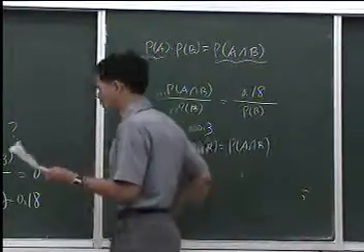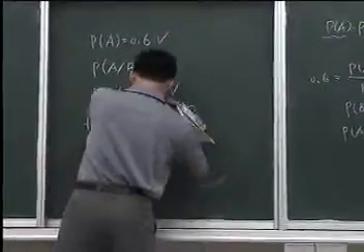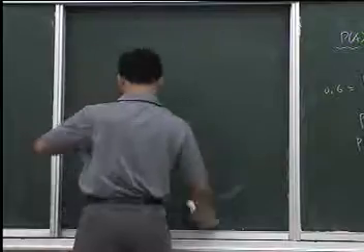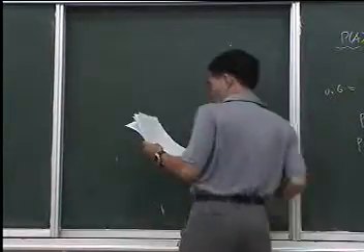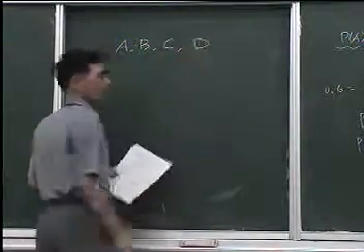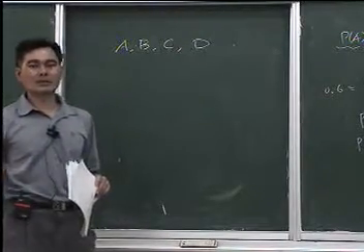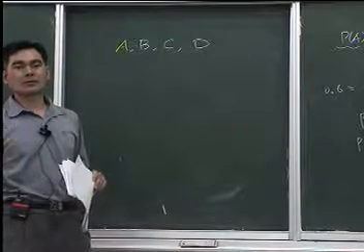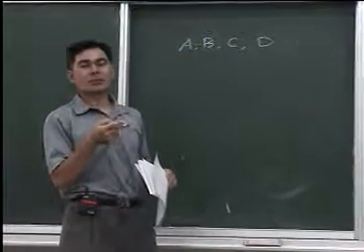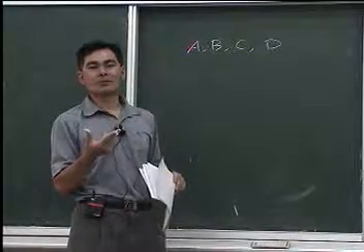Okay, let's get to question 4. Any questions? Question 4 says we have A, B, C, and D. We have 4 factories, right? And also, in this case, we are talking about quality control, and the QC staff are trying to get some samples out of all these factories and want to determine whether the product is good or not.